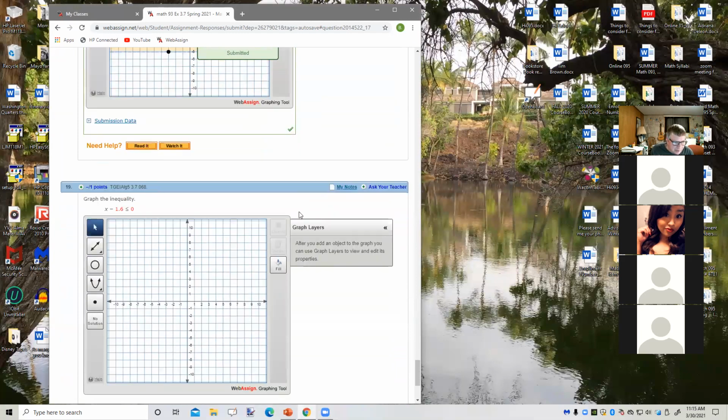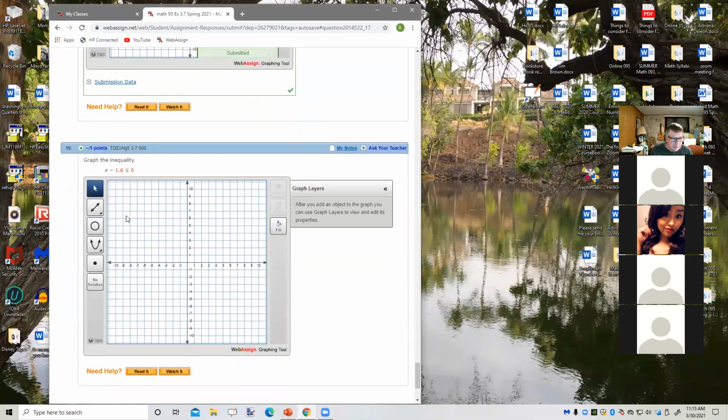So there we have that situation. Look at this one. Here again, most likely you're going to have to use your ordered pairs over here and put in specific values. Tell you what, let's do this one. We've got x minus 1.6 less than or equal to 0.